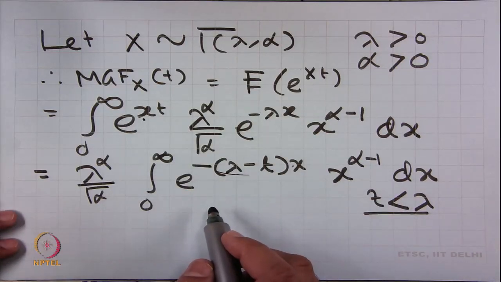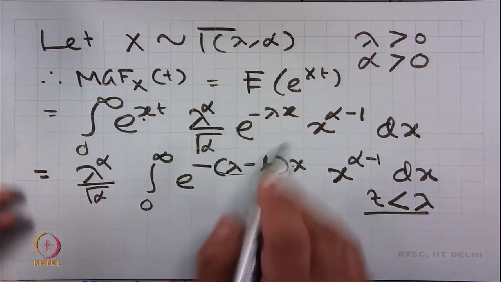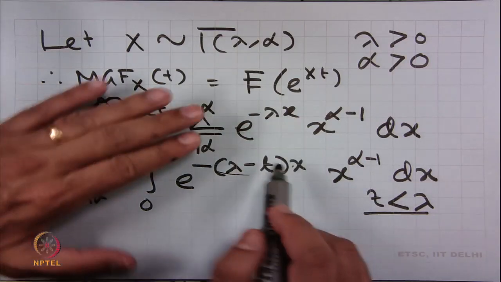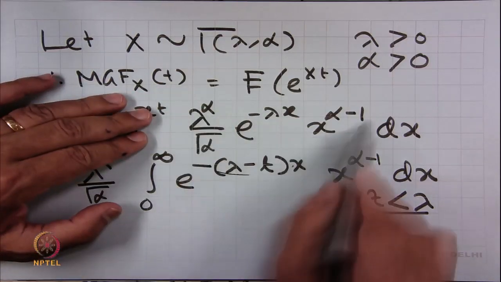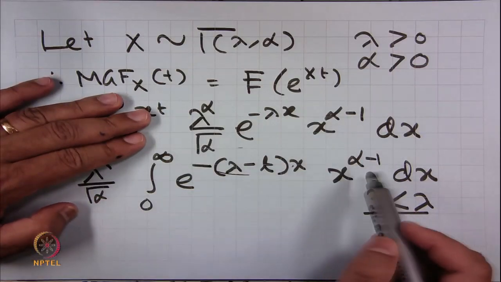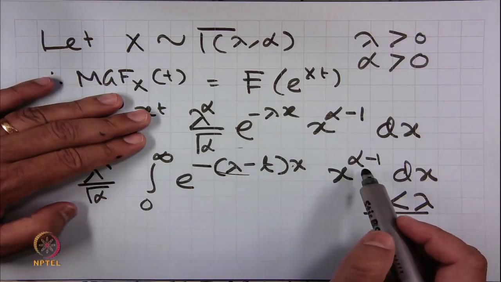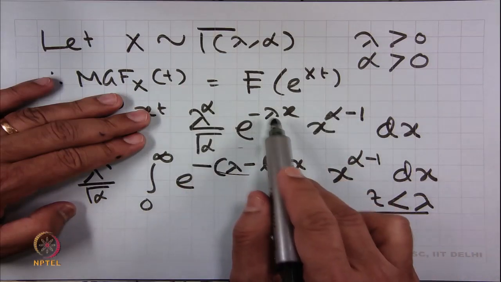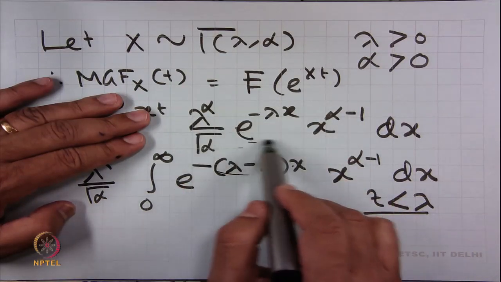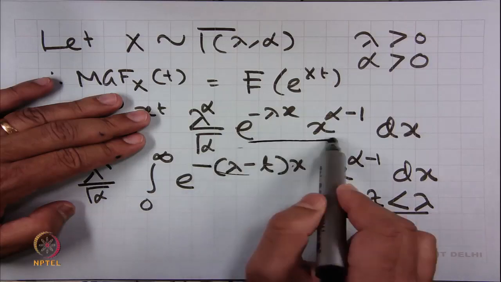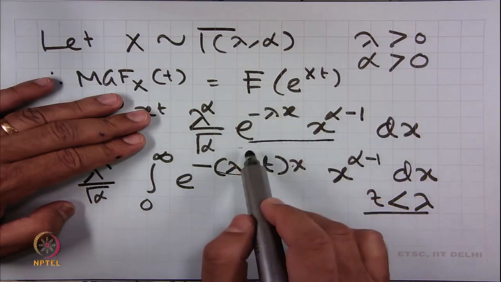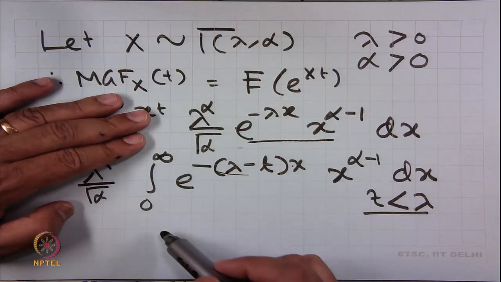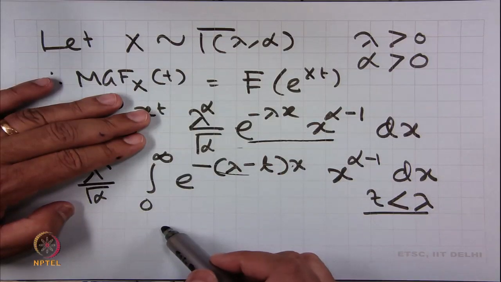because we know that when we are integrating this part only, this is the PDF of gamma distribution. Therefore, this integrates to 1, and therefore, the integration of this part has to be gamma alpha upon lambda power alpha, so that it cancels out.